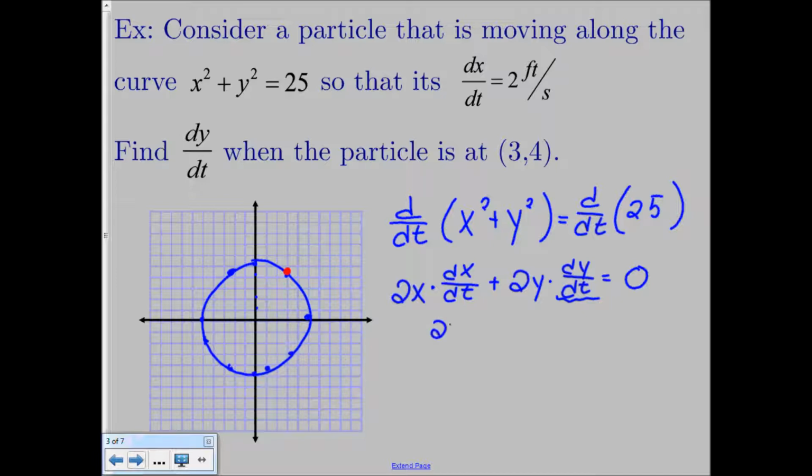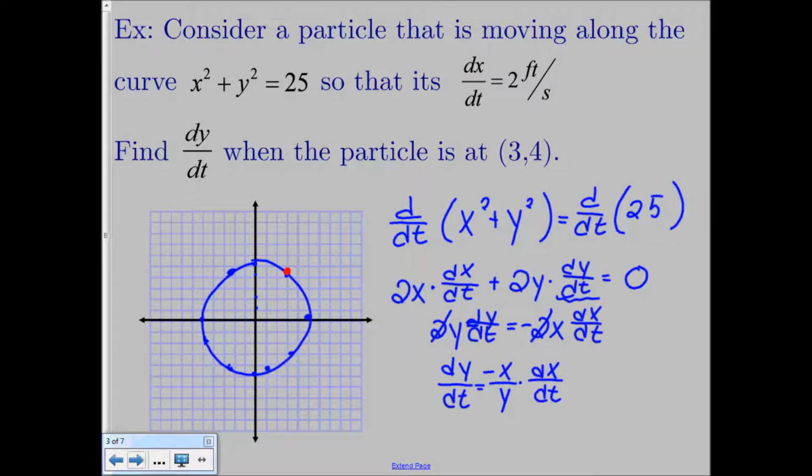So we're going to get 2y dy dt is equal to negative 2x dx dt. We can divide both sides by 2 and cancel these 2's out. And then dividing both sides by y to get dy dt by itself, we're going to get that dy dt is equal to negative x over y times dx dt.